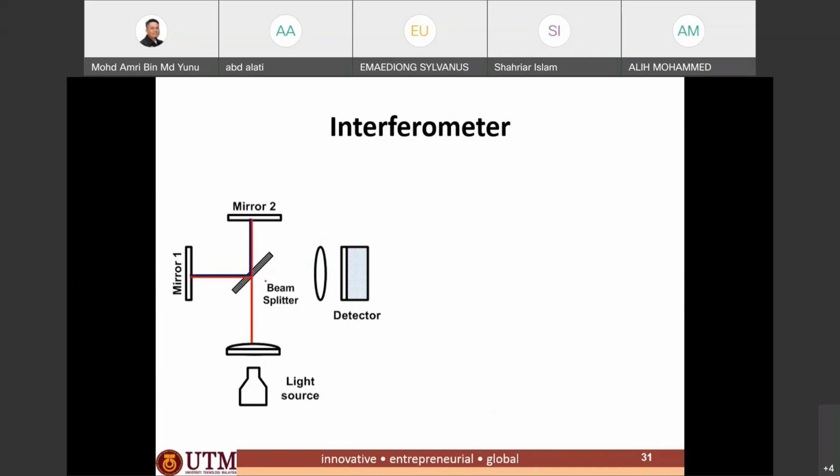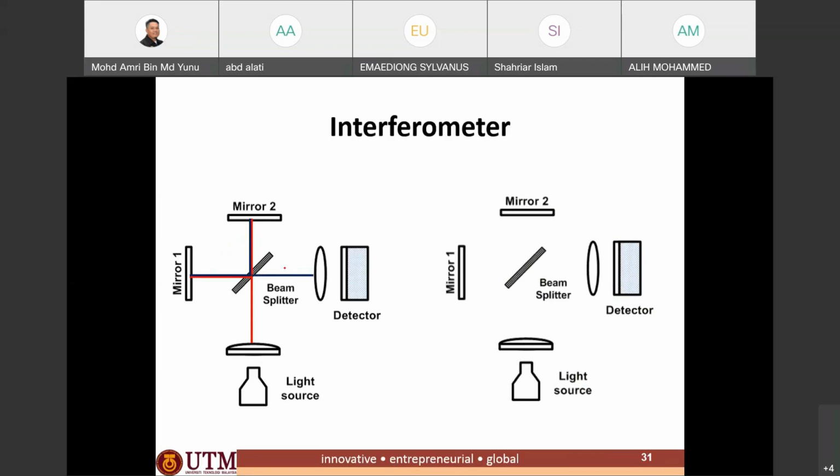The light is separated by the beam splitter, and then reflected back by mirror 1 and mirror 2, and the reflected signal will be focused on the detector.